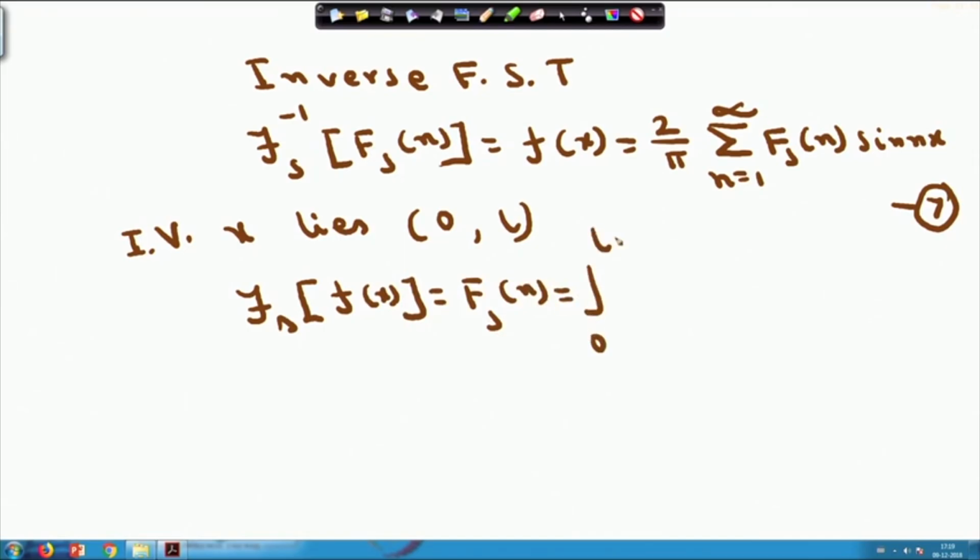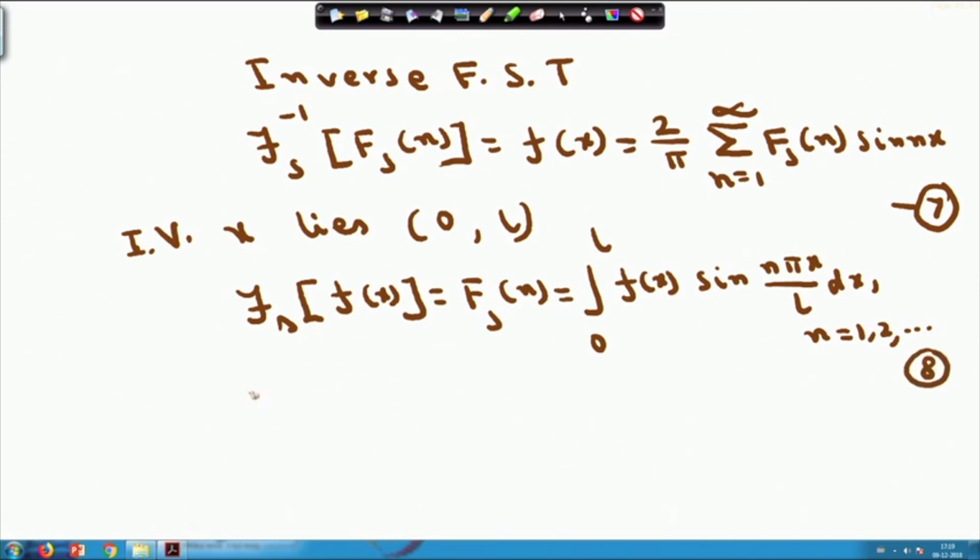This will be integral 0 to L f x into sin n pi x by L. Please note this one. This again we have done, how n pi x by L came earlier, n equals 1, 2 like this.